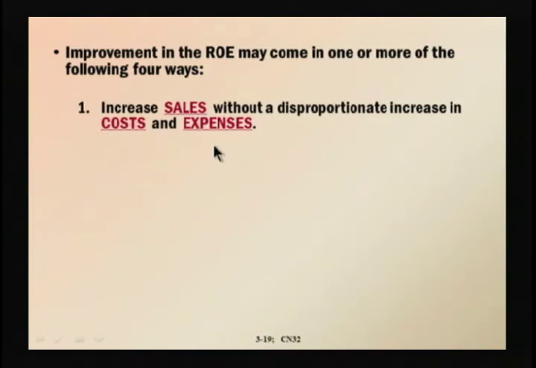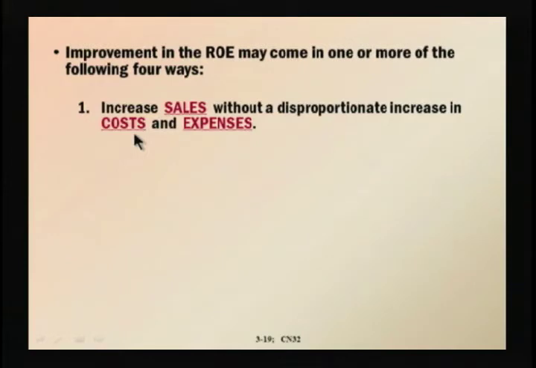More sales is better than less sales, everything else equal. So I could have a goal of trying to increase my sales, but I would have to be able to do that without disproportionately increasing my costs and expenses. I'm trying to increase sales so I can generate more net income to boost my ROE.